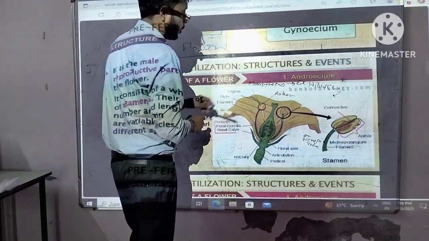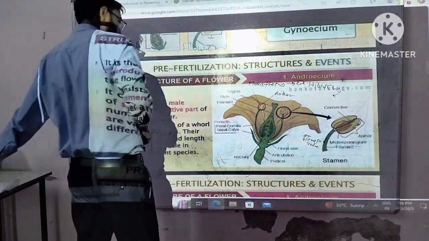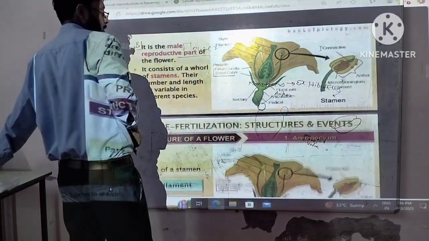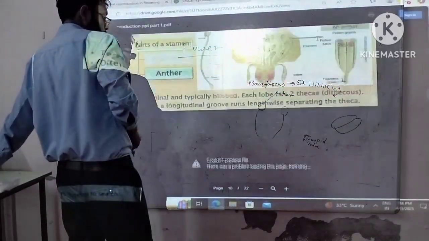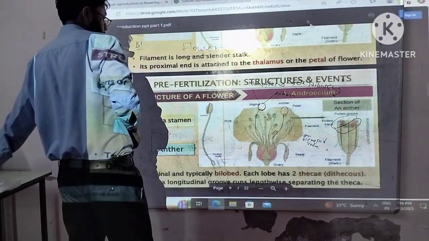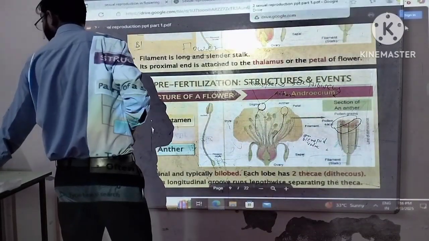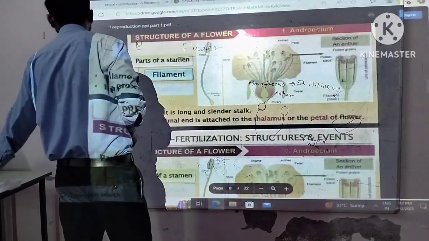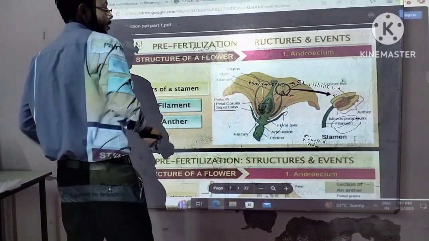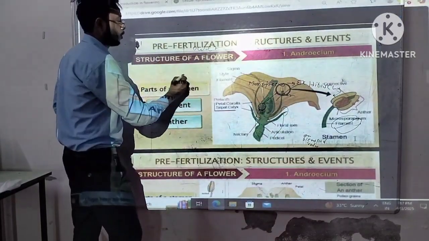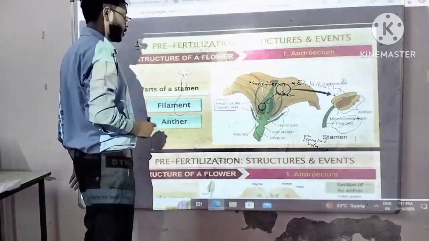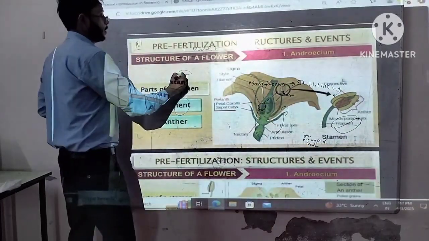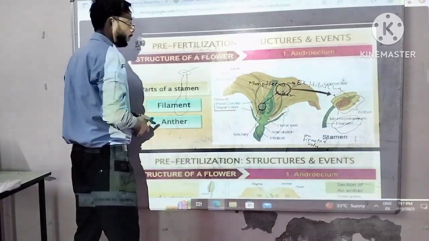Now we will talk about the pistil. Pistil is the female reproductive part of the plant.